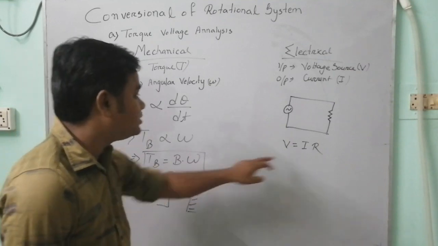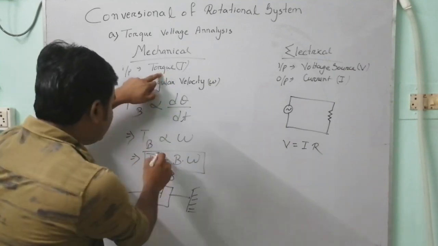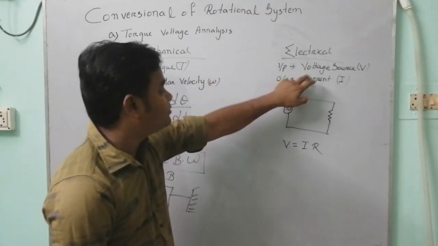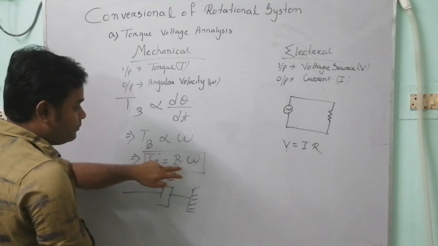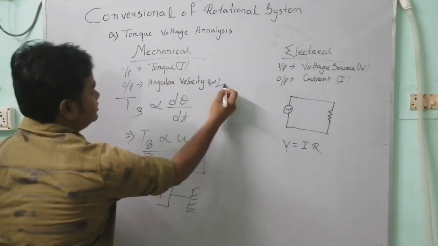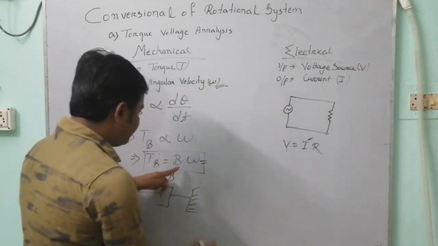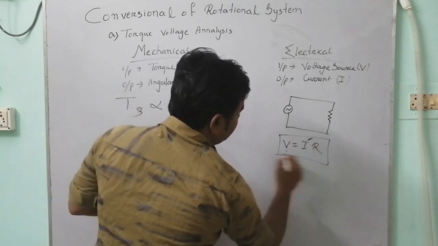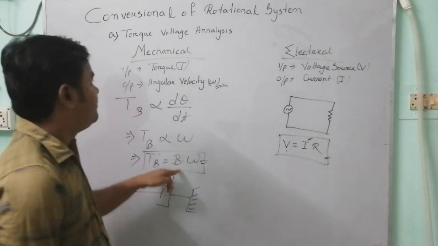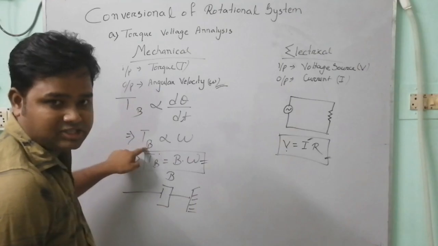In electrical side the equation is V is equal to I into R. That implies the torque TB is converted to voltage V, angular velocity omega is converted into the current I, and frictional constant B is converted into R. This is the conversion of mechanical system to electrical system due to friction.